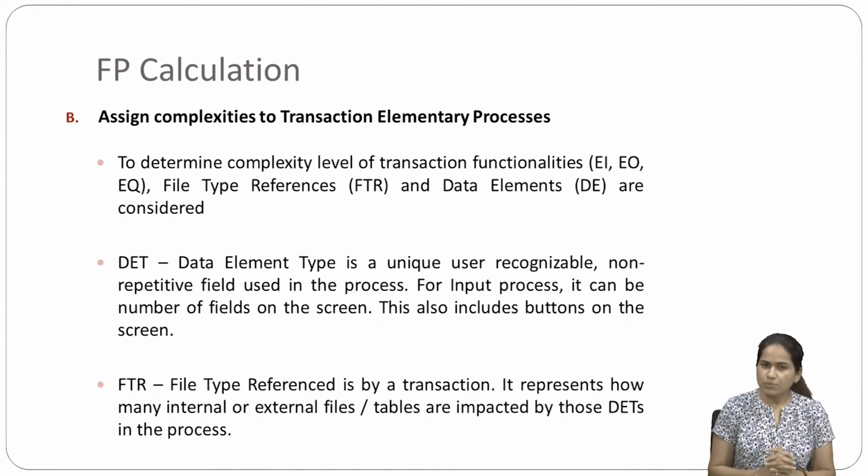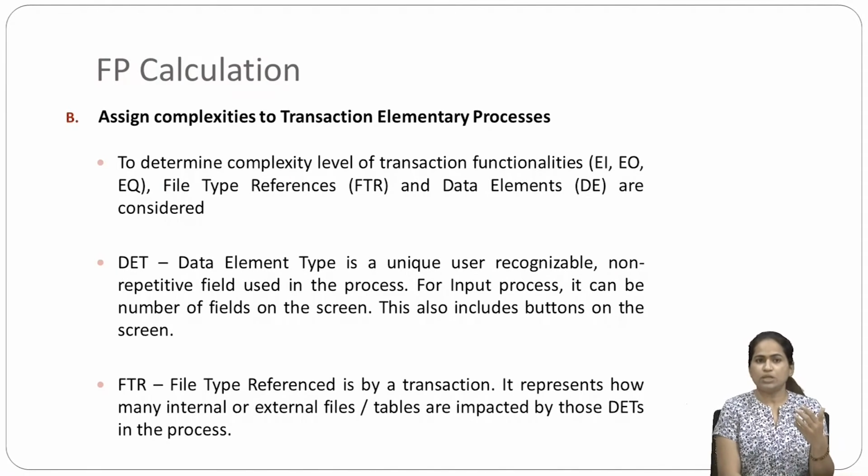This also includes buttons on the screen. Here we are talking about considering the complexity level of transaction functionalities. So you have to consider EI, EO, EQ, file type references, FTR, as well as data element types. So we are first understanding how data element types are used for determining the complexity level of transaction functionalities.